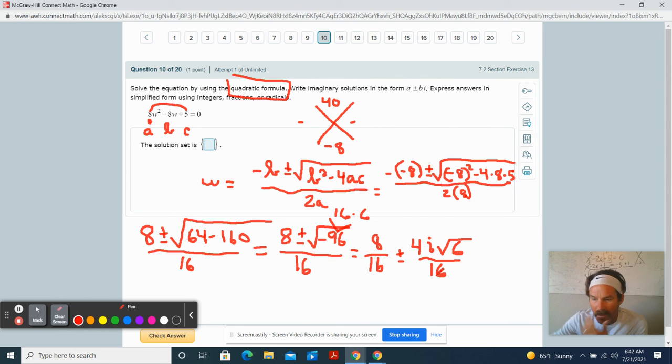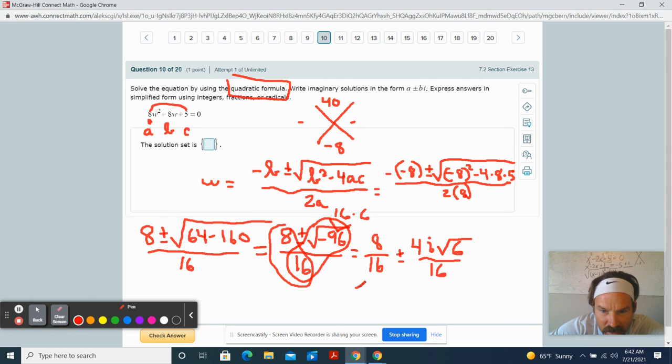Now remember how I couldn't cancel the 8 and the 16 right there because it was attached? Now this 8 over 16 is not attached anymore because I broke it into two parts. I broke it into that part, and then I broke it into this part.